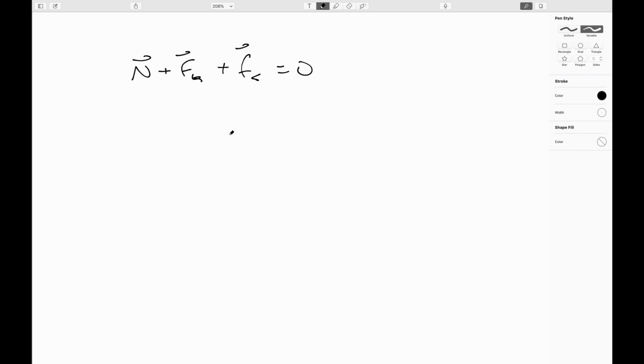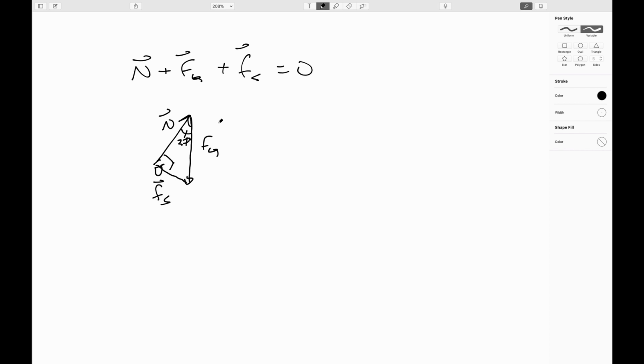So this means that the vector sum of these adds up to 0. The normal force did this. The force of gravity did that. This angle is 37 degrees. And the force of static friction does that, and that angle is 90 degrees.